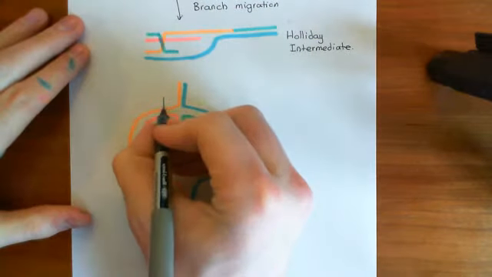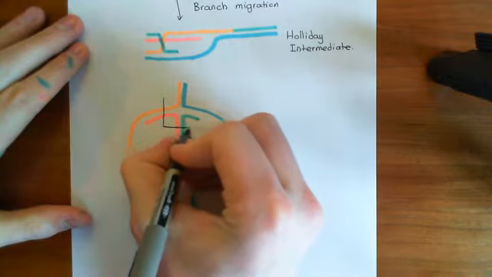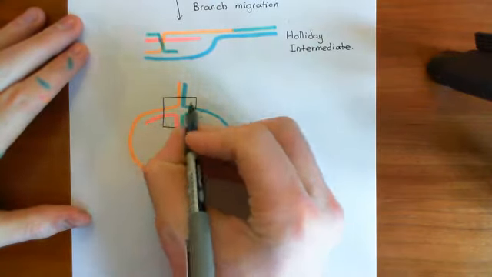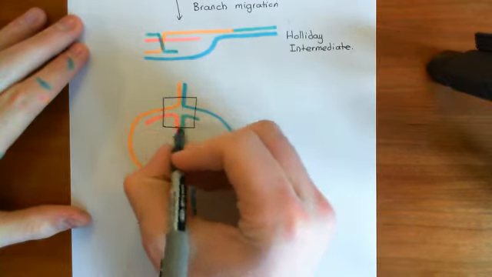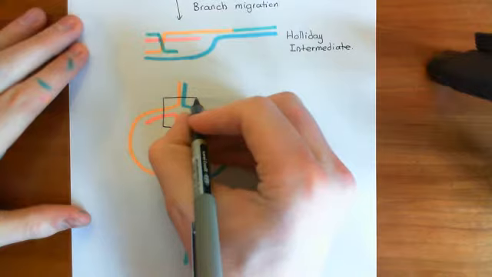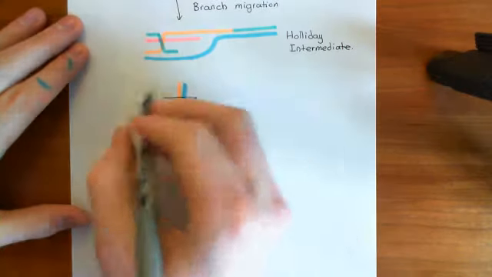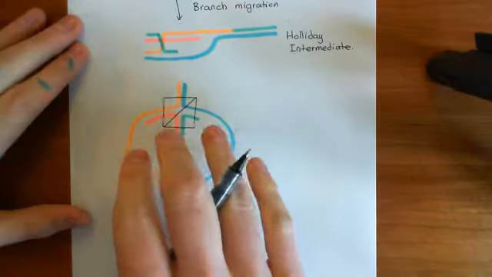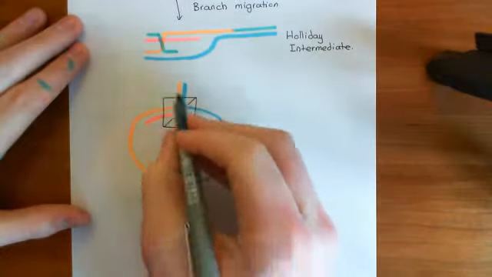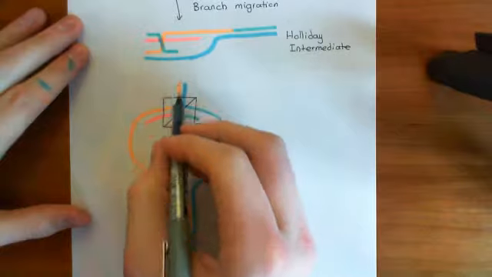Now, proteins are going to assemble around this. 4 proteins assemble around this holiday intermediate, and by the way, this is why it's called a holiday junction. This structure that we've got here is what's called a holiday junction. Okay, so that's where this picture is useful for understanding why this is called a holiday junction, because that looks exactly like a junction in roads.